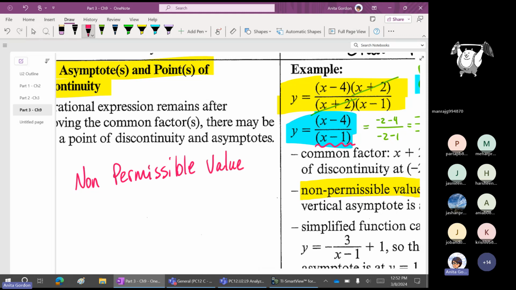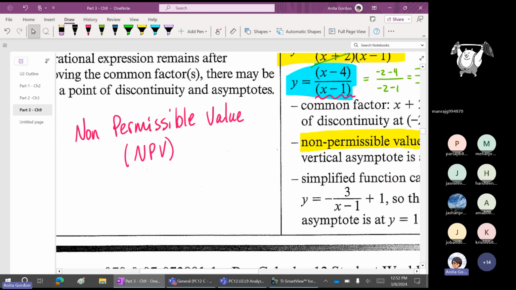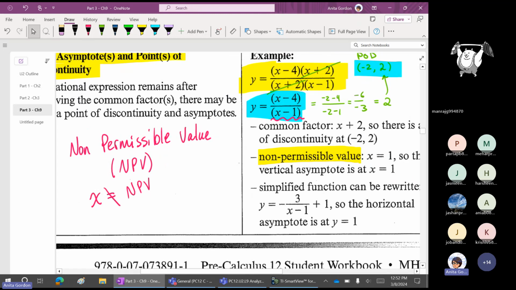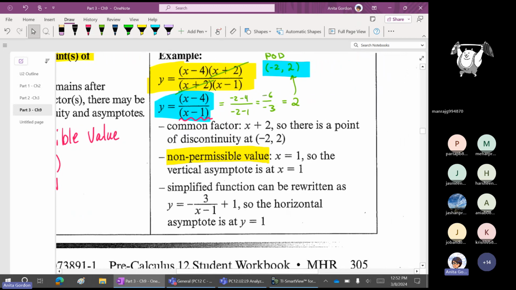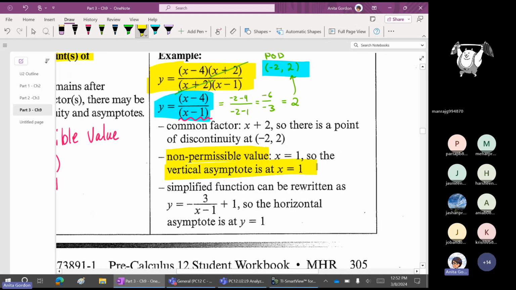And from now on, we're going to call these NPV. What numbers can x not equal? X cannot equal NPVs. So here we have two NPVs, -2, +1. One of them turned out to be a hole. The other one turns out to be an asymptote. At x equals 1, we have a vertical asymptote.